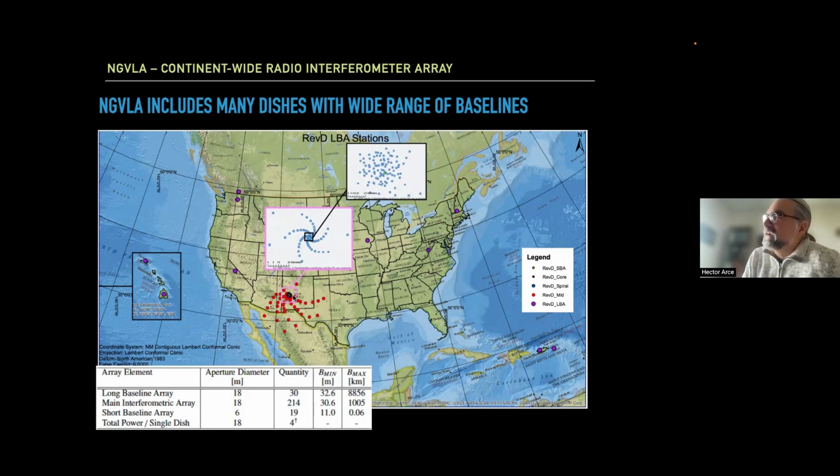And it will be made of the main interferometric array, the red and the blue dishes here, as well as the long baseline arrays, which you see here in purple, which will extend all the way from Hawaii to the continental US and, in principle, Puerto Rico and St. Croix.